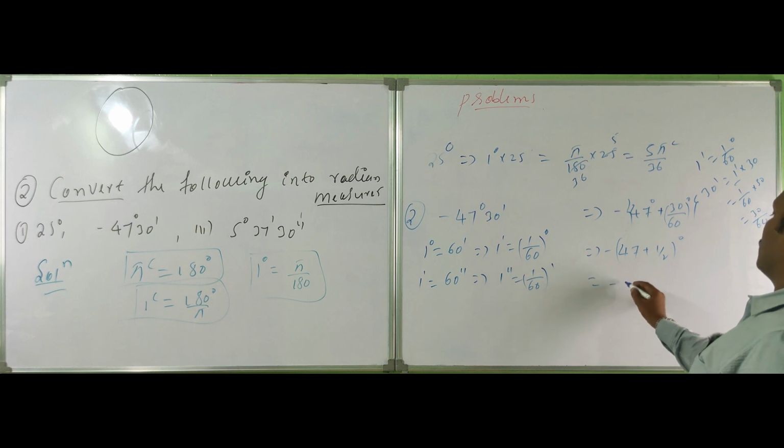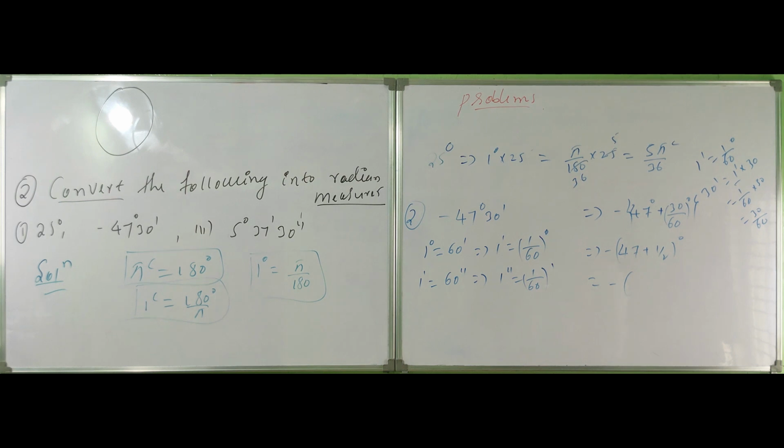47 into 2 is 94, plus 1 is 95, so minus 95 by 2 degree.